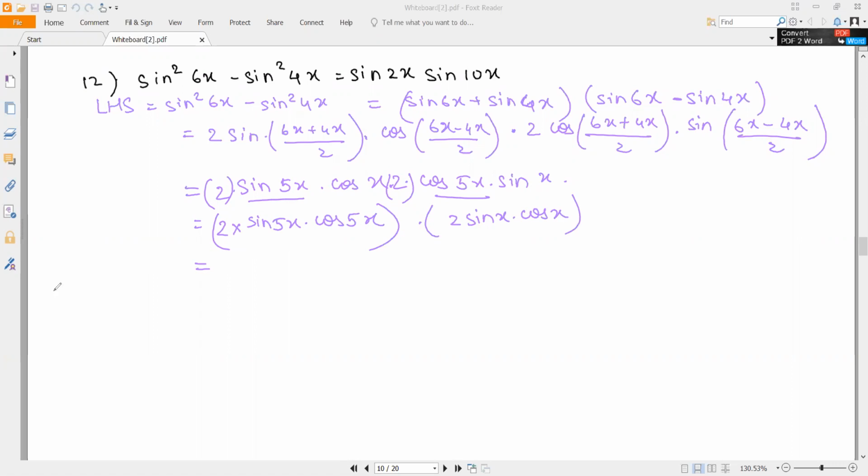We know the formula: 2 times sine x into cos x is sine 2x, the double angle formula. This can be written as sine of 2 times 5x, which is 10x, multiplied by sine 2x, which is your RHS.